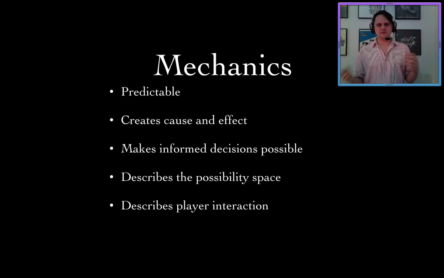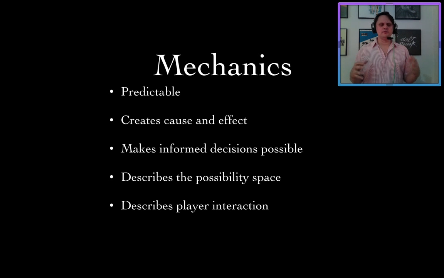Since you create cause and effect that are predictable, you can say, I'm going to do this so that this happens. And that's different from having a real game designer who's live narrating or something like that, which is totally unpredictable, right? You need to understand the world before you can make any decisions. That's the primary thing that mechanics do.